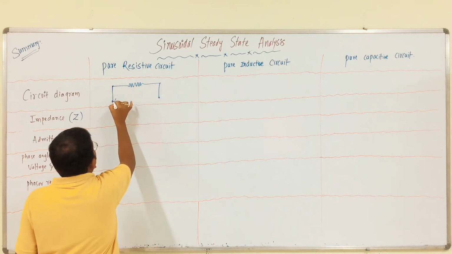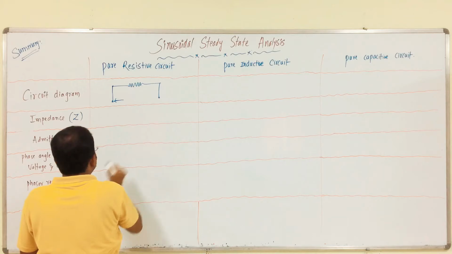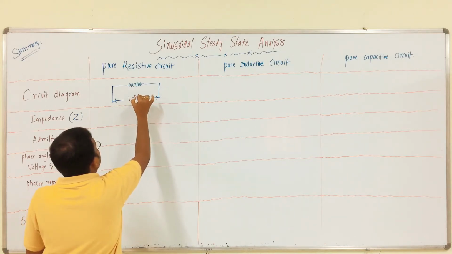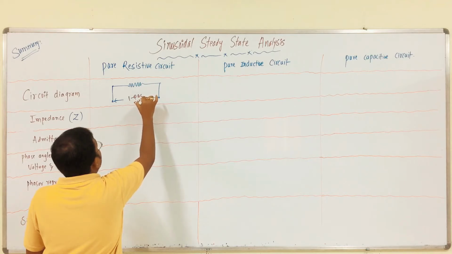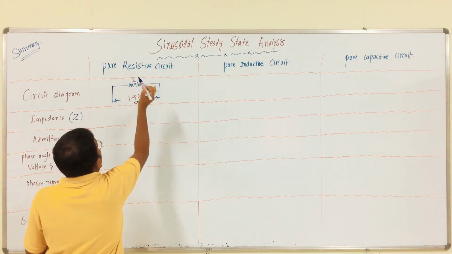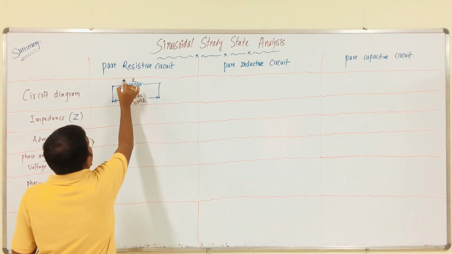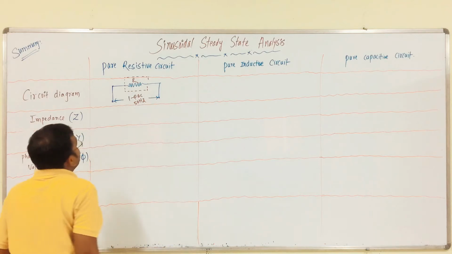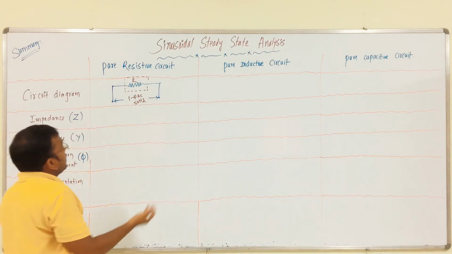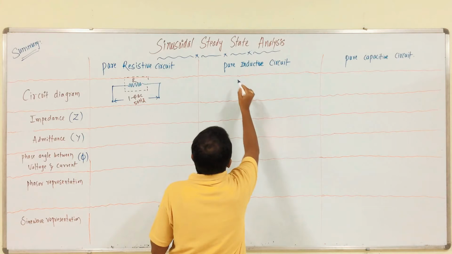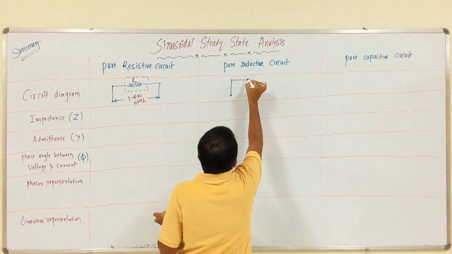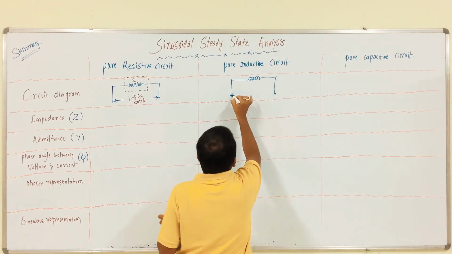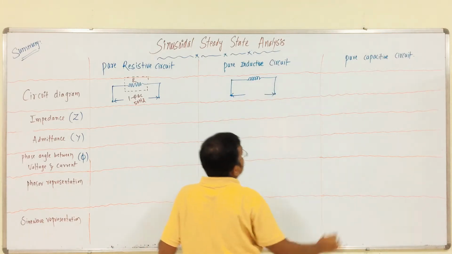Between these terminals we have to provide a single phase AC 50 Hertz supply. This is R, right? This is ZR. Like this is the circuit diagram. Between these two, we have provided some voltage.